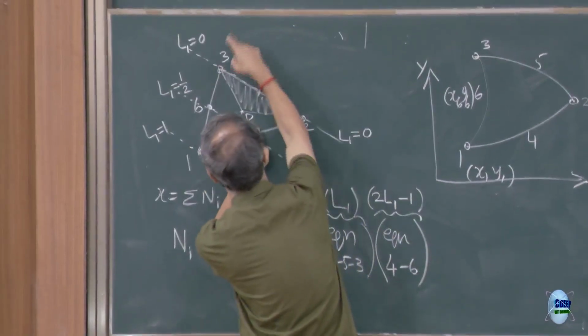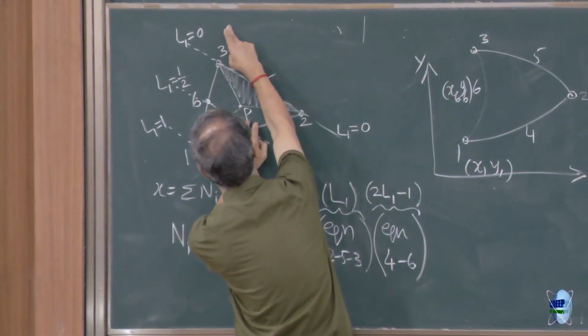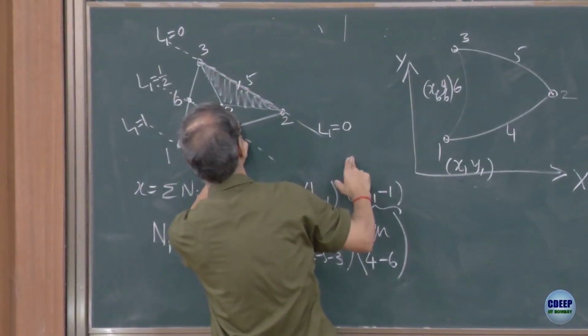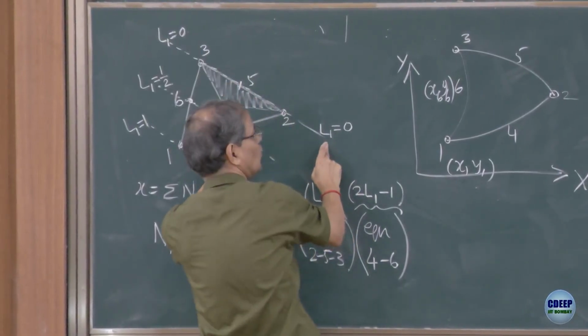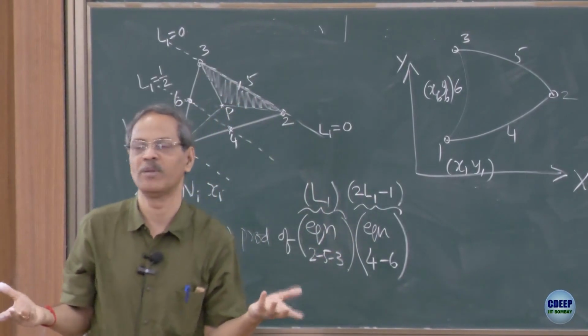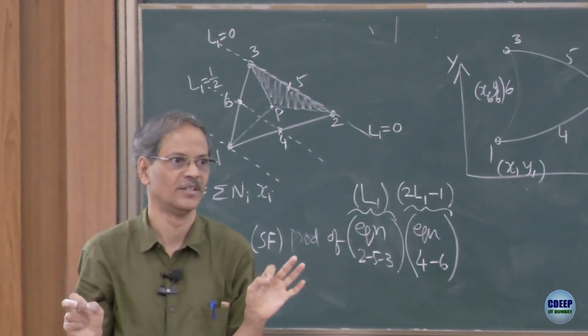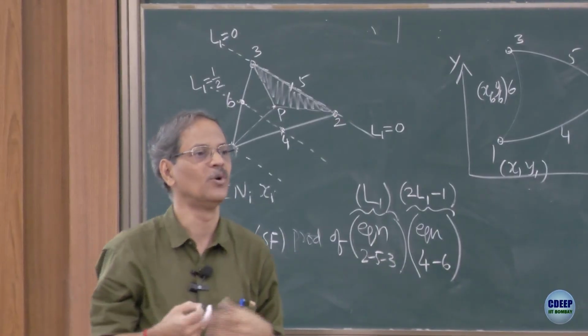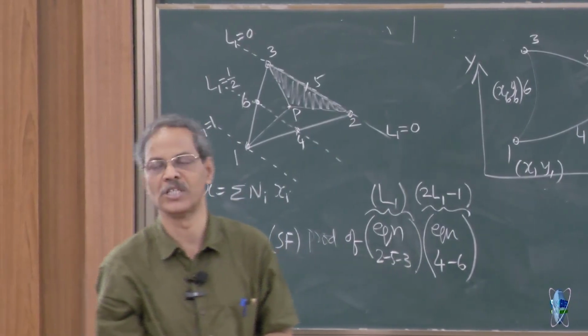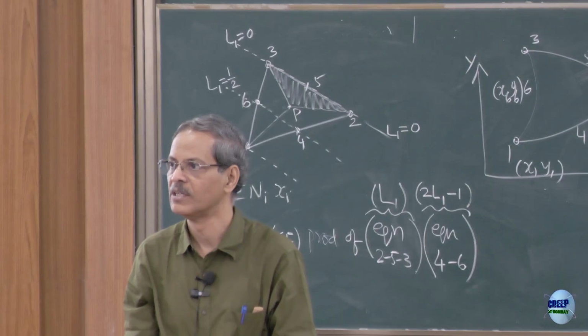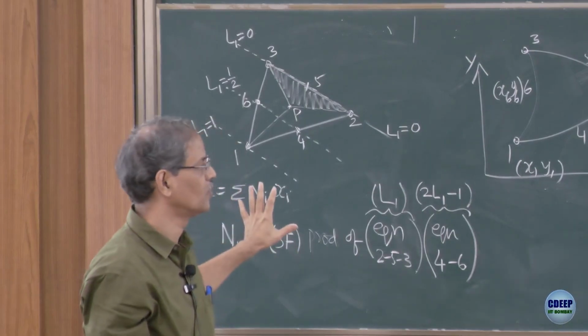What is this line equation? L2. This is L1. So L1 into L2, multiplied with a suitable scale factor. So you would be able to write down the shape functions in terms of natural coordinates fairly straightforwardly.